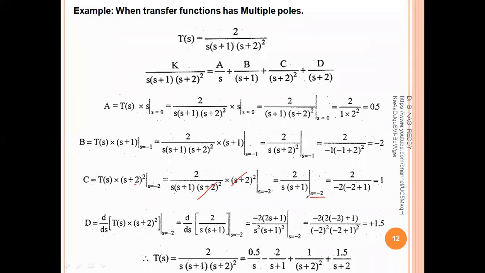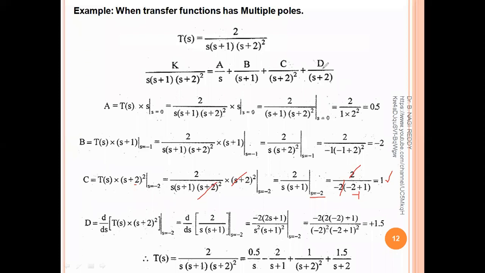So I'll get minus 2 plus 1, and here minus 2. So minus 2 plus 1 means here we will have minus 1. And this 2 and this 2 will get cancelled. Minus of minus will become plus. So 1 by 1, we will get a c value as 1.